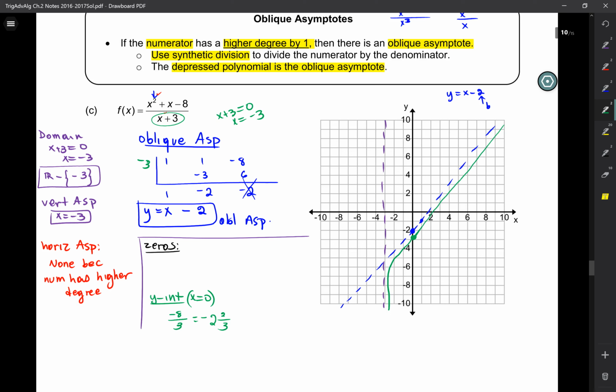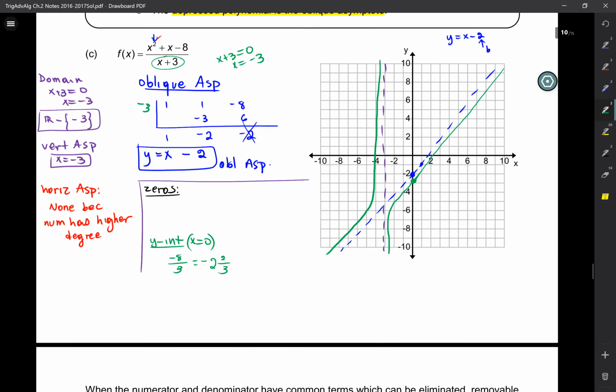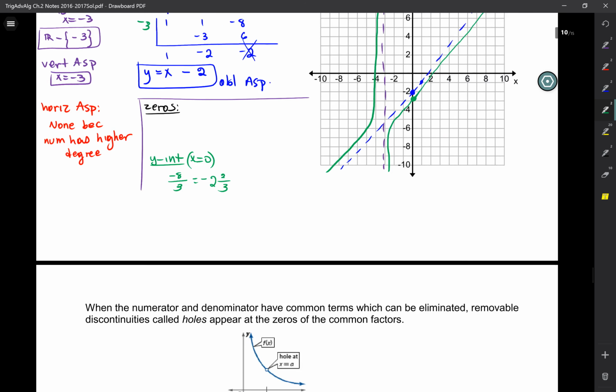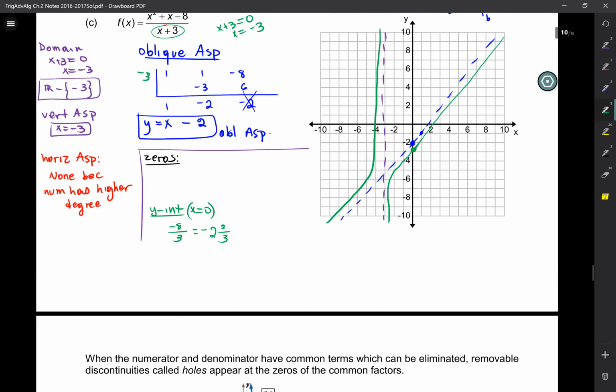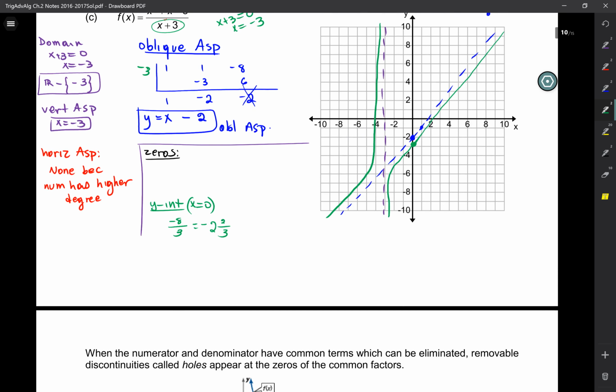It doesn't touch it. And down here it has to follow the vertical asymptote, right? Now, if it goes down here by the vertical asymptote, it has to re-enter here and there. That's how we do it.